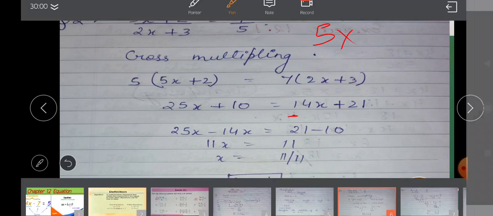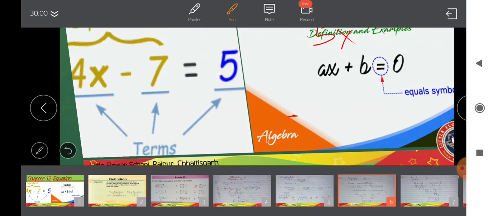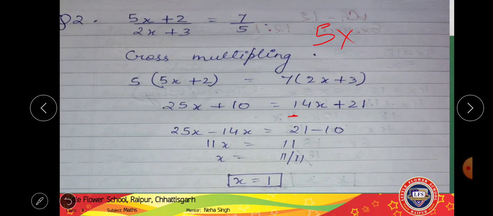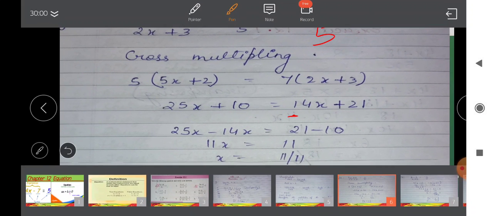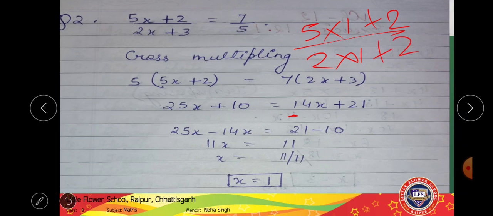So 5 into 1 plus 2 upon 2 into 1 plus 3. Why am I putting 1? Because the value of x we have got is 1.